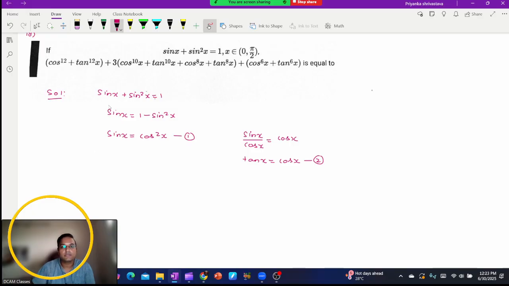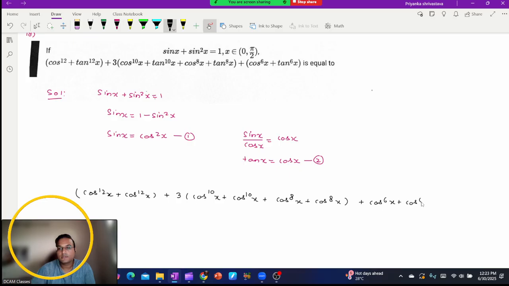Now this expression can be written as cos power 12x, tan power 12x is again cos power 12x, plus 3 cos power 10x plus cos power 10x, cos power 8x plus cos power 8x plus cos power 6x.